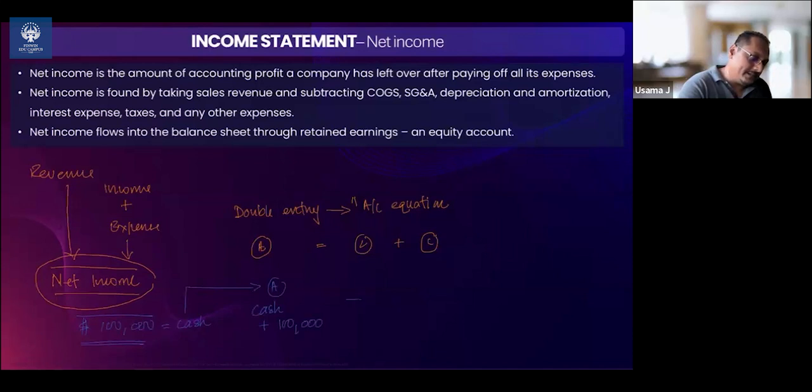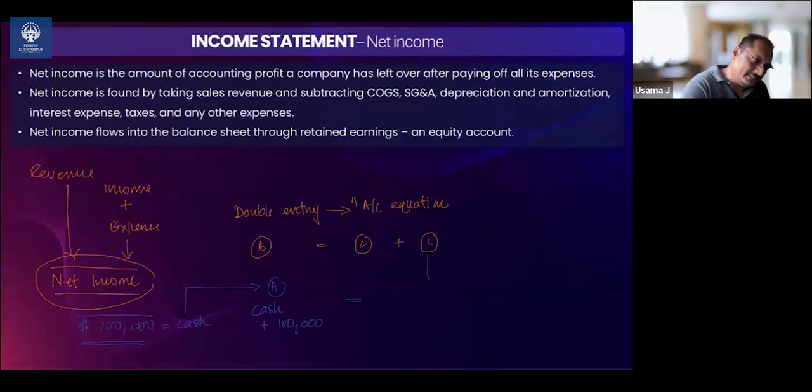And at the same time, this net income, who has a claim over this net income, guys? Who do you think has a claim over the net income? I have put money into a business. The business has generated $100,000. Who has the claim over this? Who has the ownership claim of the business? The shareholders.